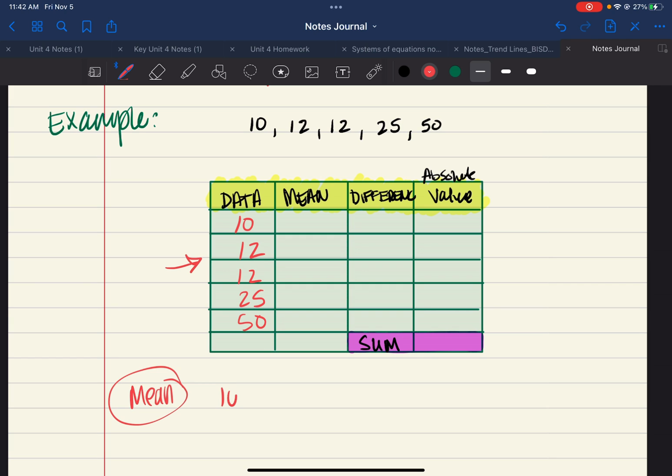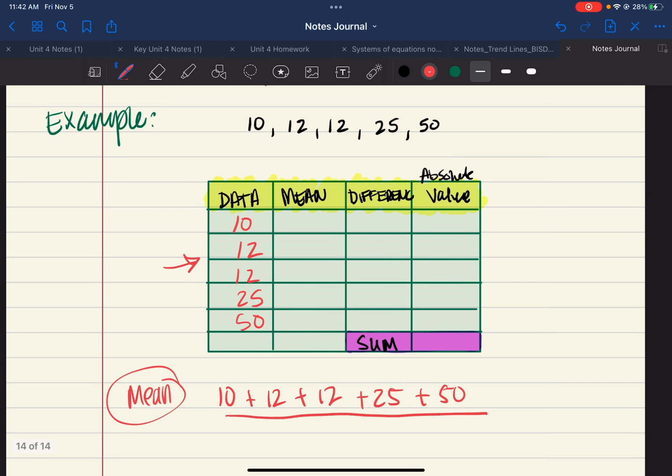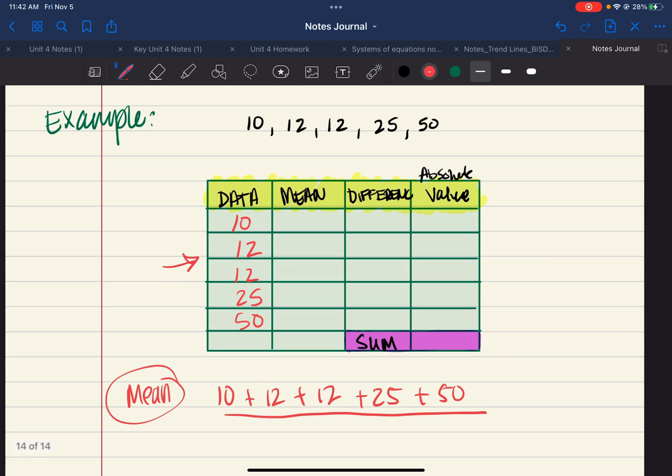So I'm going to do 10 plus 12 plus 12 plus 25 plus 50, and divide by how many numbers there are. Here's 1, 2, 3, 4, 5 numbers, so I'm going to divide by 5.